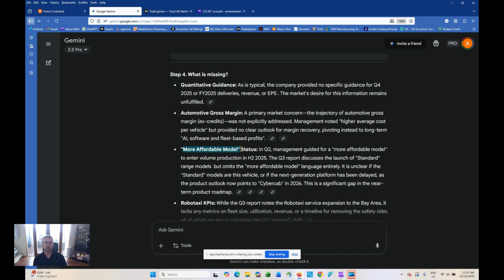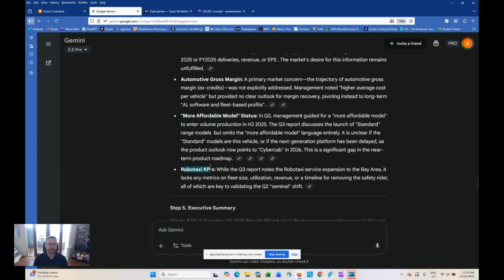There's some commentary on it, but there's certainly no numerical guidance. They call out more uncertainty with respect to the business, and they can't give volume guidance at all. So that's a little bit negative from the perspective of what was expected going into the earnings result. The product roadmap has led to the more affordable model, but we don't know how much volume it will drive.